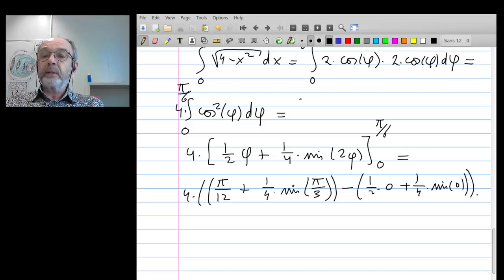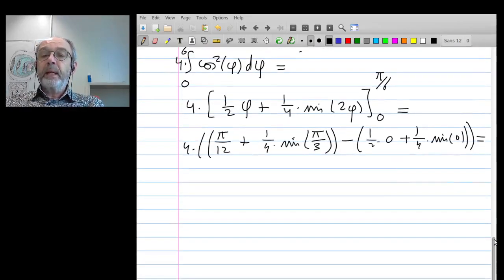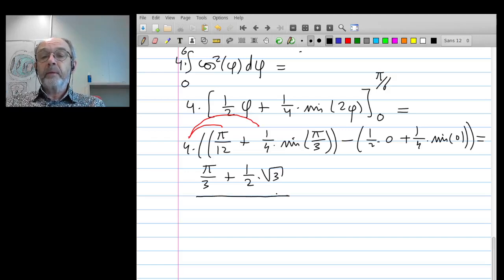I could have directly put down there 0. And so what does it give as a result? Pi divided by 3, and be careful with the calculations: 4 times this one, 4 times that one gives the sine of pi divided by 3, and the sine of pi divided by 3 is 1 over 2 times the square root of 3. And here I have my result of that integral.